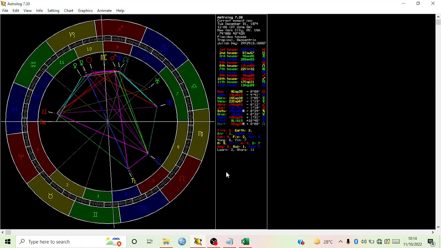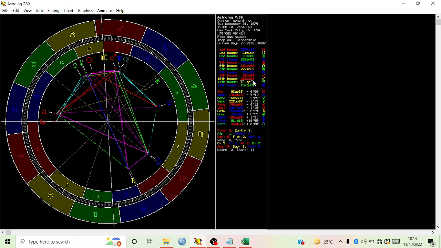So we notice that the ascendant is at Pisces, 22 degrees and 32 minutes. House 10 is at Sagittarius, right? 26 degrees, 3 minutes.